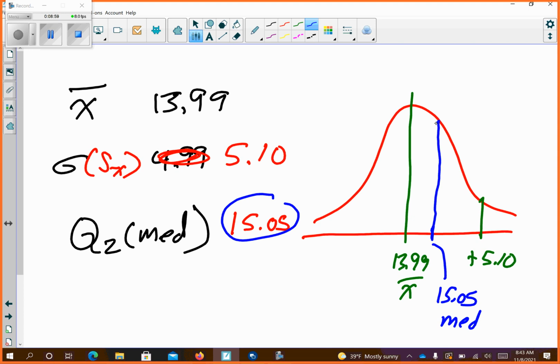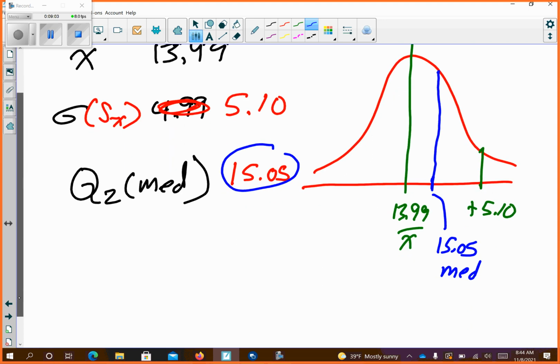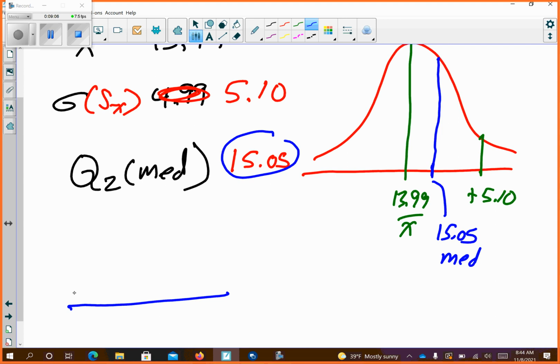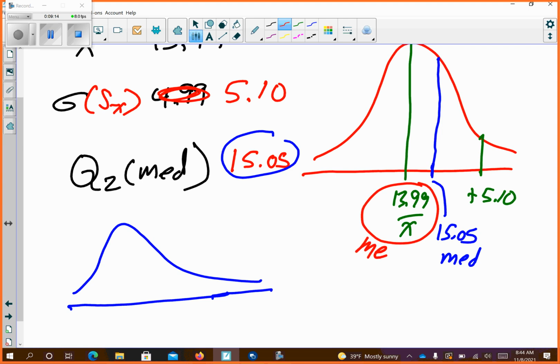And 1.06 doesn't sound like a lot until you're dealing with your figures. So what this normal curve would actually look like, it would look something like this. The mean is going to pull it left, meaning it's going to have this long tail.